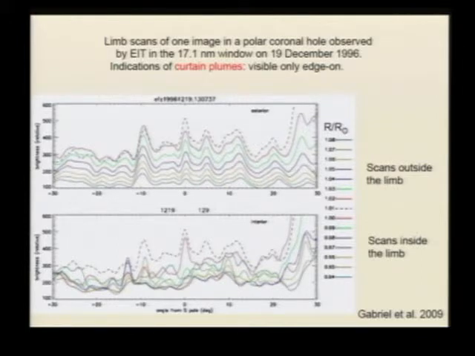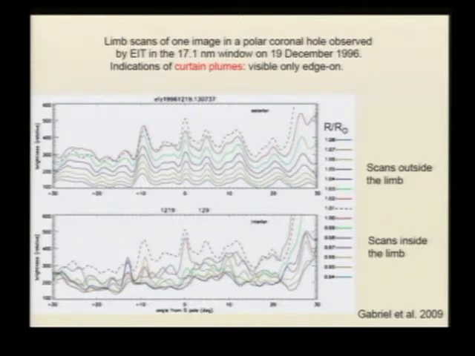There are much more plumes, obviously, behind the limb than on the limb. And as I mentioned before, this cannot be if there are only beam plumes, because they should be scattered around the coronal hole. So the idea of Allen was first the curtain plume.